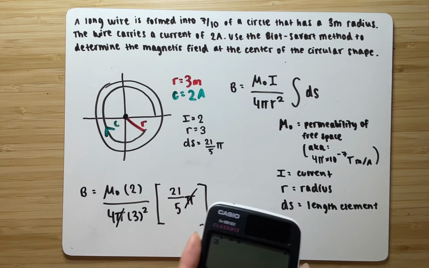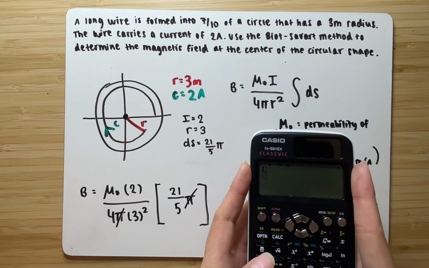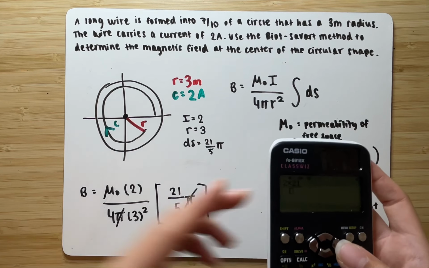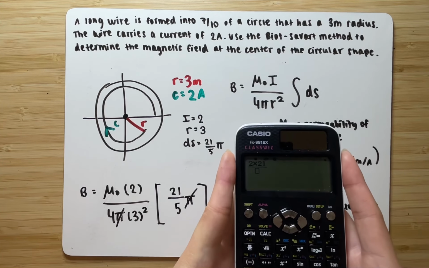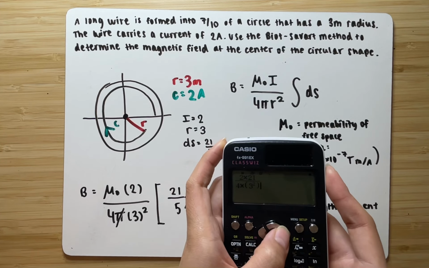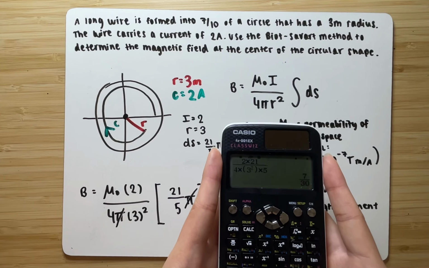So we have 2 multiplied by 21, okay, multiplied straight across, over 4 times 3 squared times 5. You get 7 over 30.